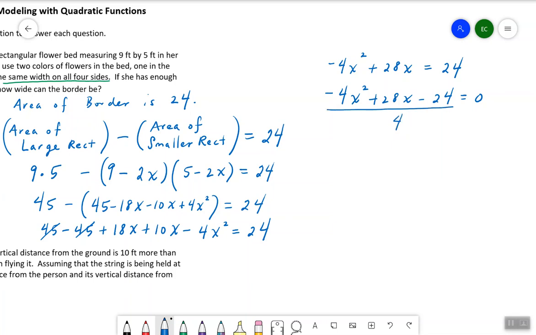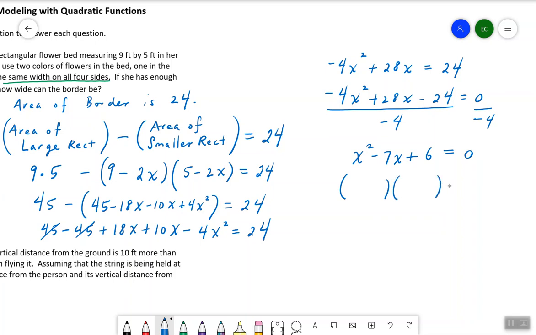And the other thing that we'd like to do is have the leading coefficient be positive. We don't want to factor with a negative on the x squared. And so let's divide through by negative 4, and that's fine as long as we do it on the other side, which of course doesn't change the other side, it's still 0. So we get x squared minus 7x plus 6 is equal to 0.